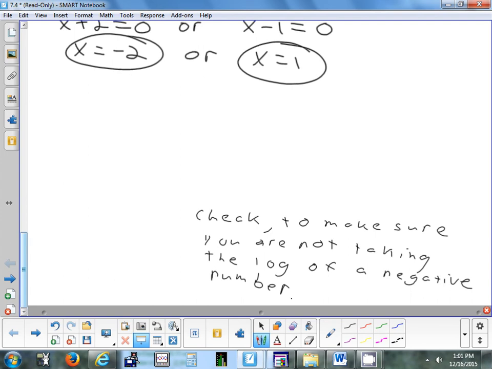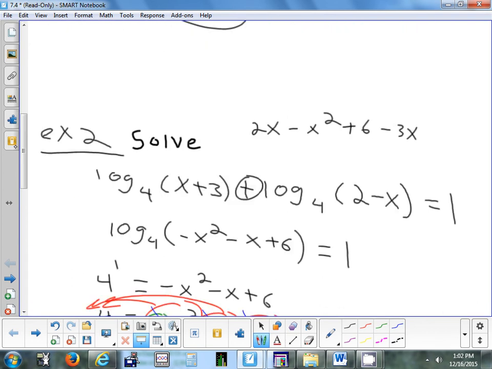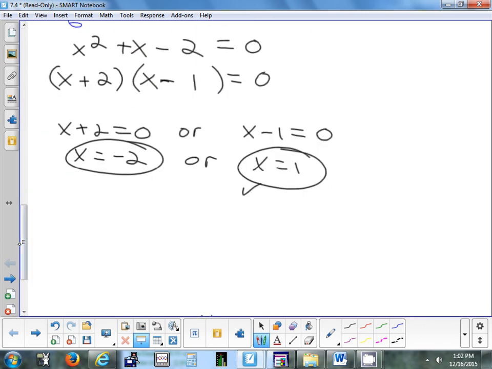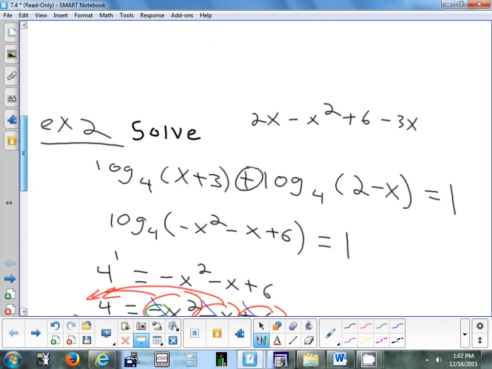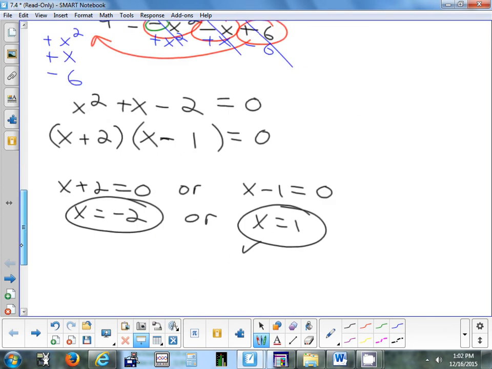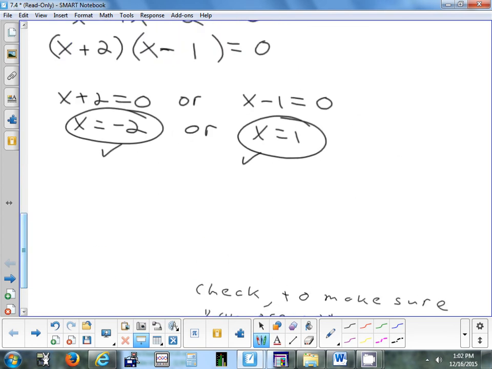So let's start with x equals 1. 1 plus 3, is that positive? Yep, that's fine. 2 minus 1, is that positive? Yeah, so we're good there. Let's try -2. -2 plus 3, is that still positive? Yep, that's fine. How about 2 minus -2? Yes, that's positive.